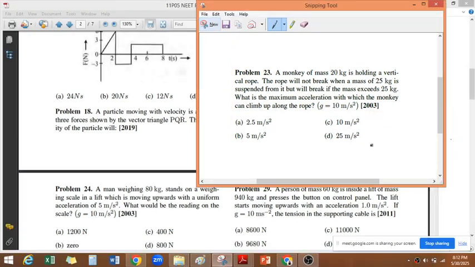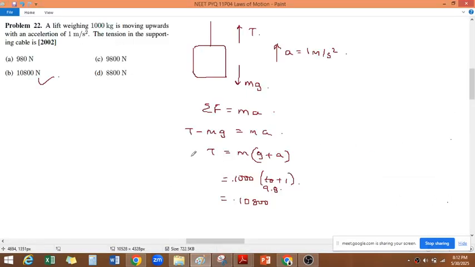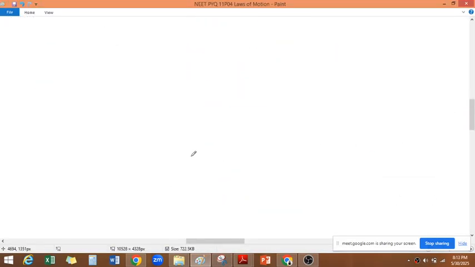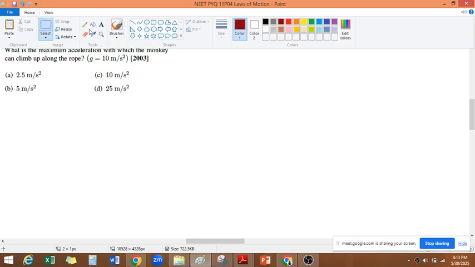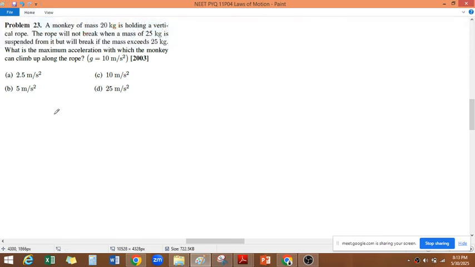Monkey problem, I told you that you will get the monkey problem very often. The rope will not break when a mass of 25 kg is suspended.